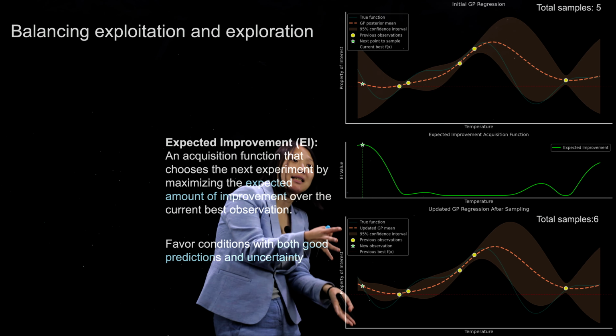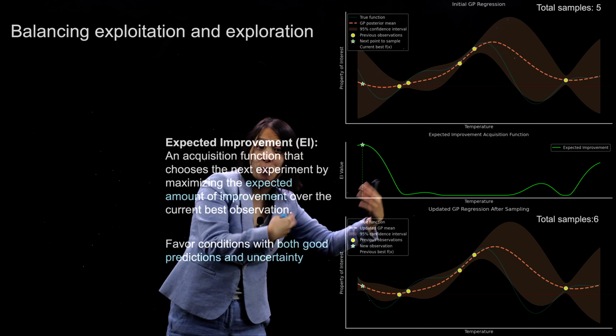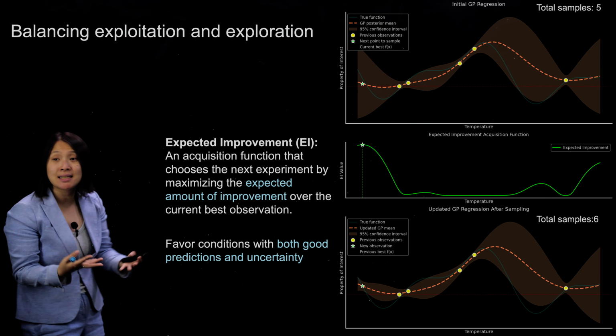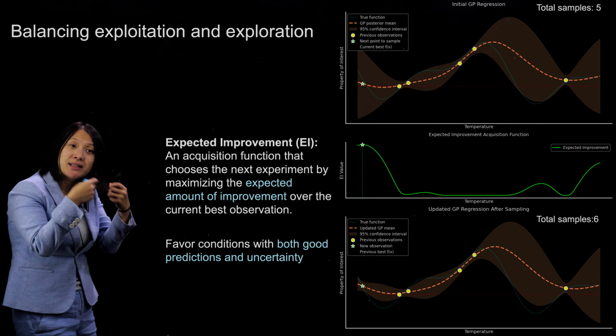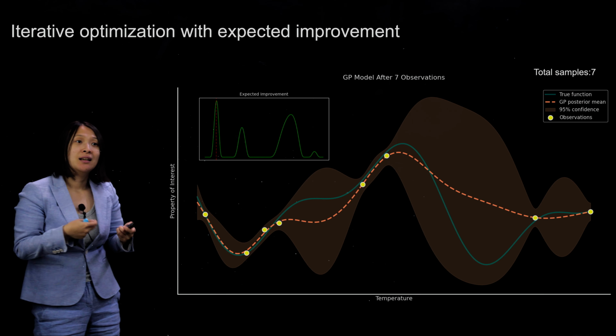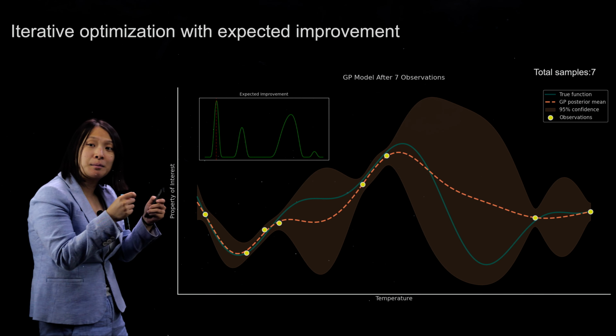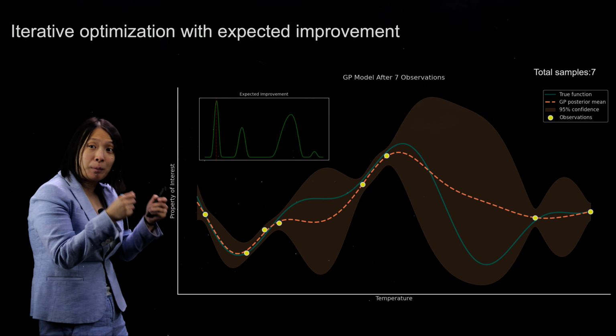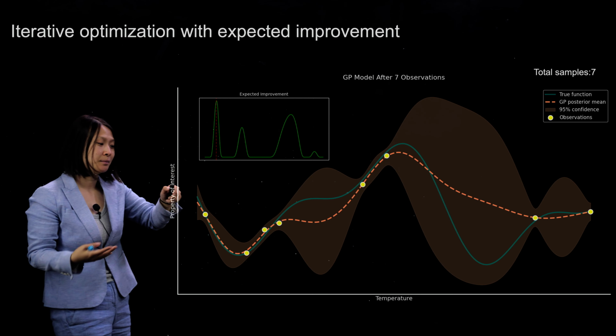This gives us an updated Gaussian process regression model, and you can see that using this acquisition function, we can keep sampling. In fact, this is the Gaussian process regression model, our surrogate model, after 7 observations. So in this case, we have already sampled 7 data points.